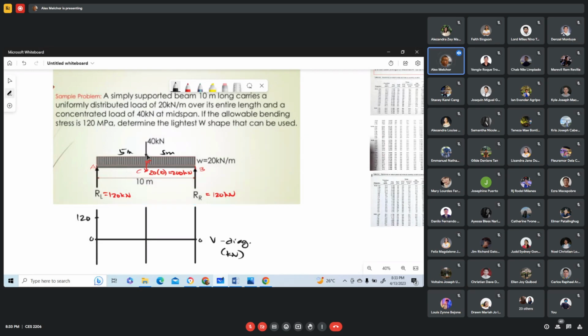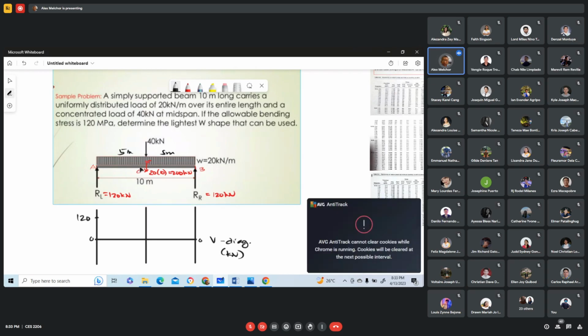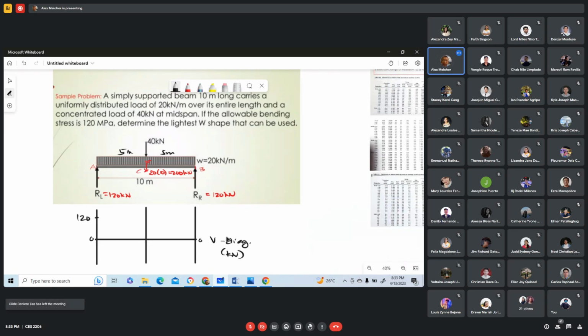So this portion has a resultant of 5 times 20, which is 100 going down.